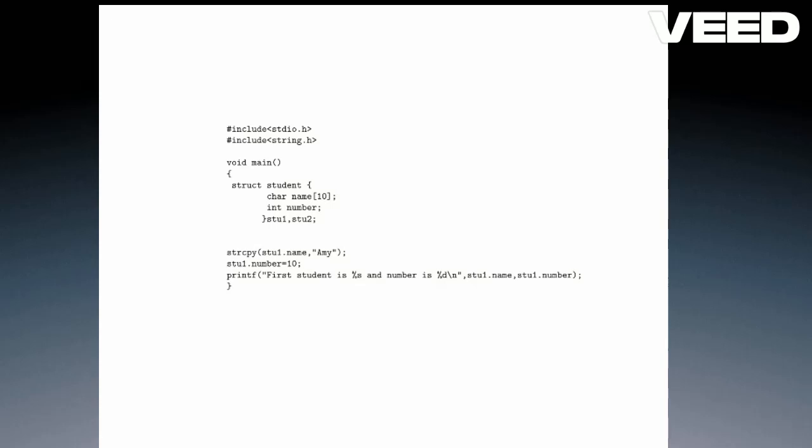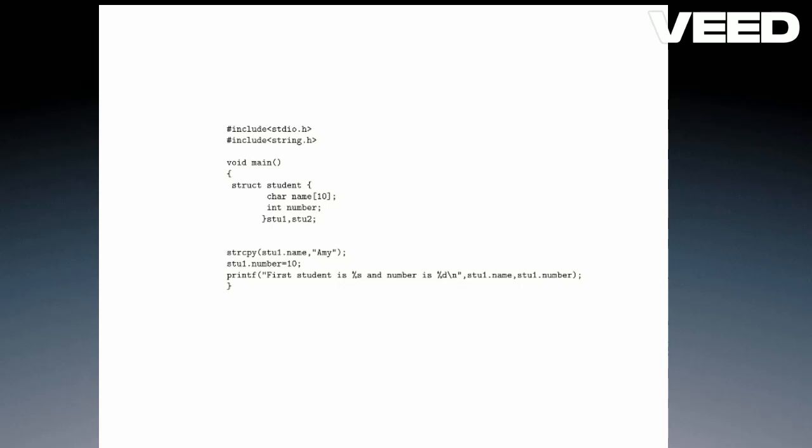So this is the complete declaration. I am declaring a structure as well as creating two instances of the structure. Now, it is very important to note here that stu1 and stu2 already have locations in the memory.